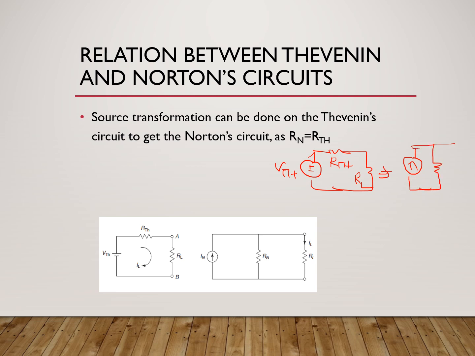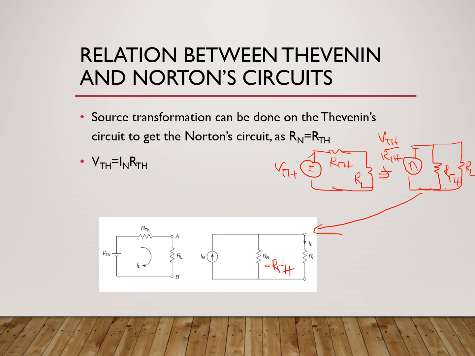So I'll get a circuit like this, which implies that this current source should be equal to VTH divided by RTH, and the resistance will be equal to RTH. Now, if you compare these two, we know that RN and RTH are the same. So comparing these two circuits, we can see that they are exactly the same, which implies that IN should be equal to VTH divided by RTH.